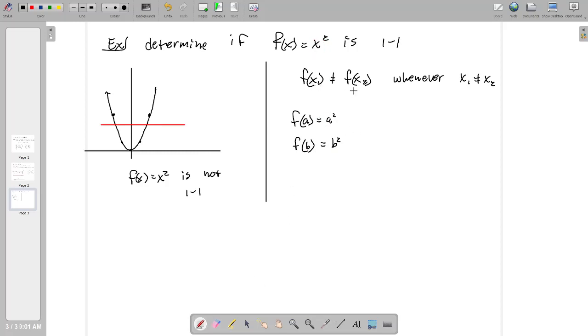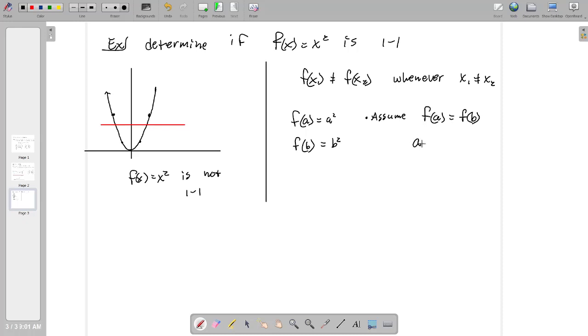So now let's assume f of a equals f of b. Now, if this function is one-to-one, that will mean that a has to equal b. Because if a is not equal to b and f of a equals f of b, then this function is not one-to-one. So we assume that it is one-to-one, and we're going to show it's not.